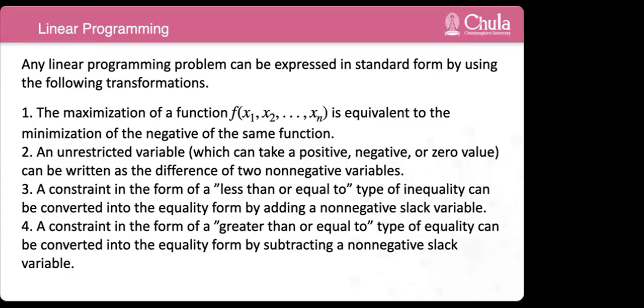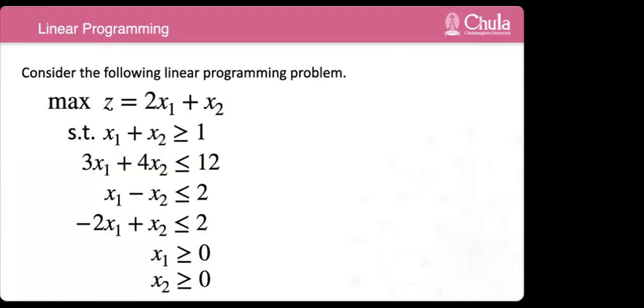If you have a left hand side which is greater than the right hand side, you see that if we subtract from the left hand side a positive number, it can be equal, right? So we add a new variable, we call it a slack variable, but this time we subtract it.